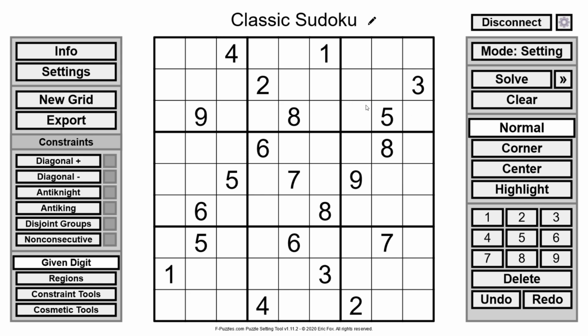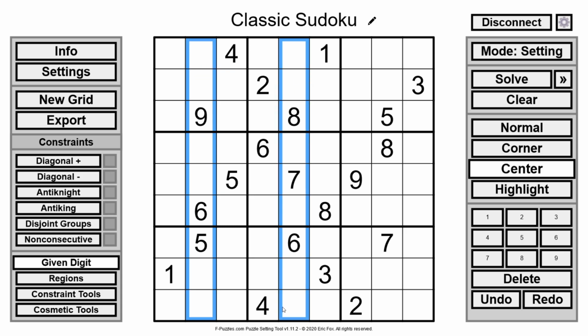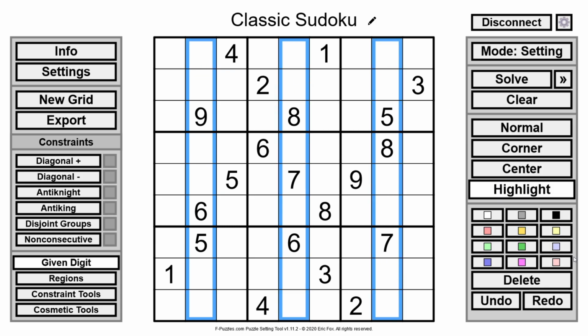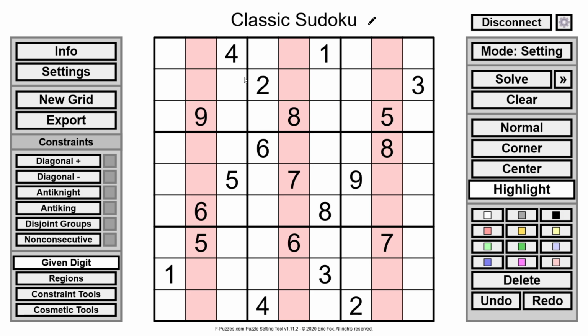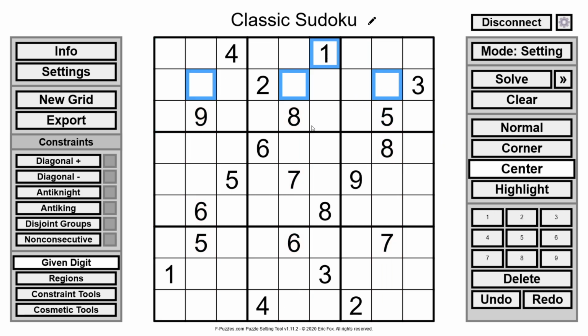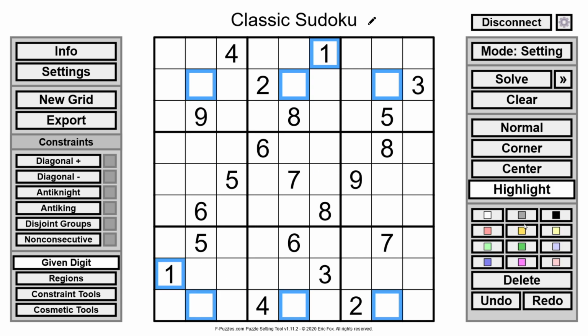So an exocet here is based on, in this example, these 3 columns. The digit 1, I will just color them as they appear. The digit 1 outside of this middle band can only appear in 2 rows. I'll color it yellow.